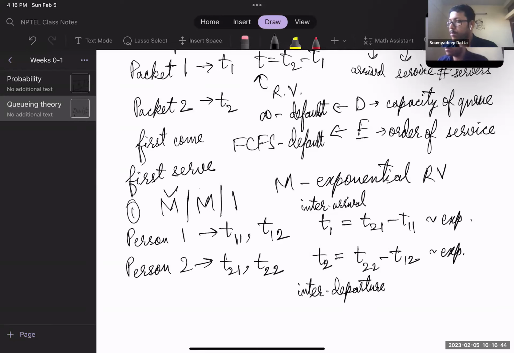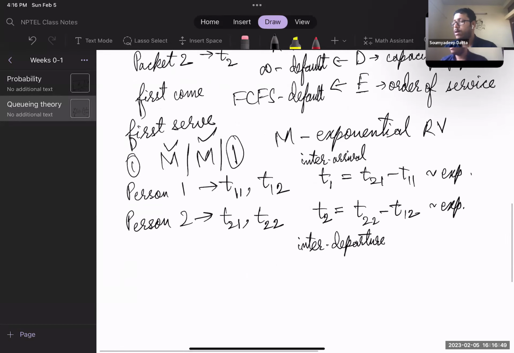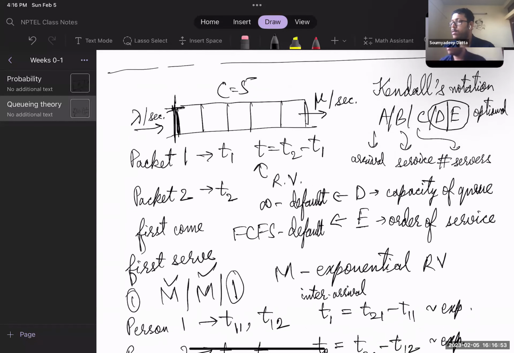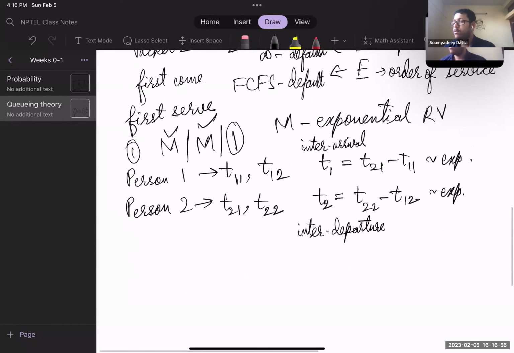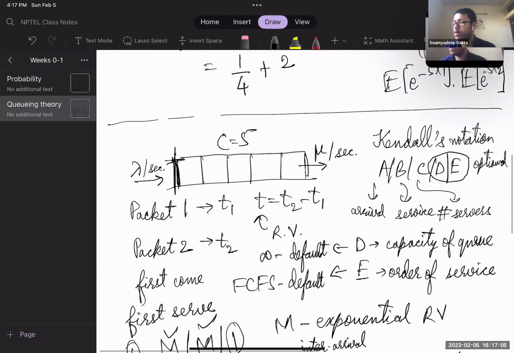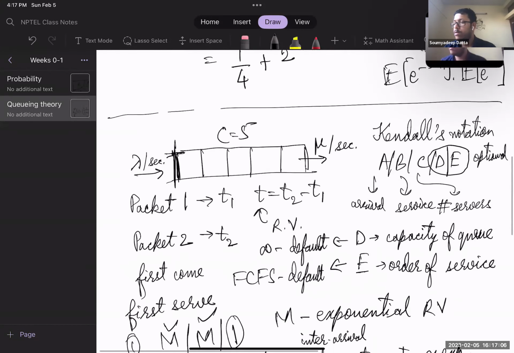So we understood M. The 1 denotes that at any point I will have one server. What does that mean? Let's say we are talking about a queue in a shop where you have just one cashier, and everybody is in a queue.